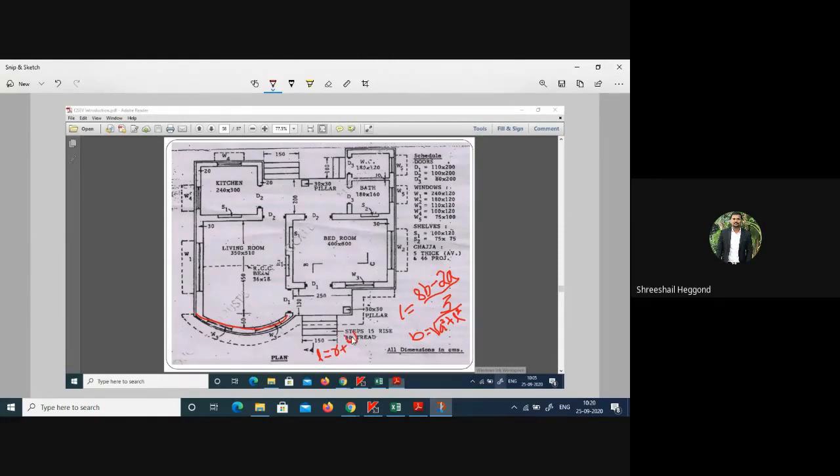R is the rise of the wall, that is here 60 given internally, and W is the wall thickness, that is 30 centimeter. That can be calculated easily.